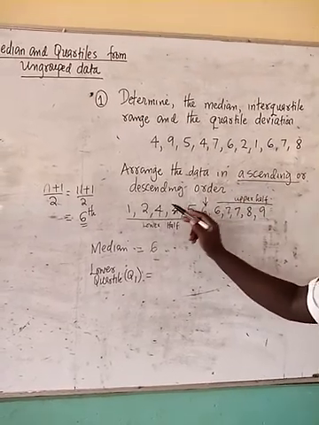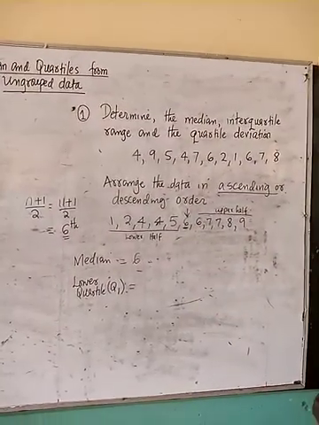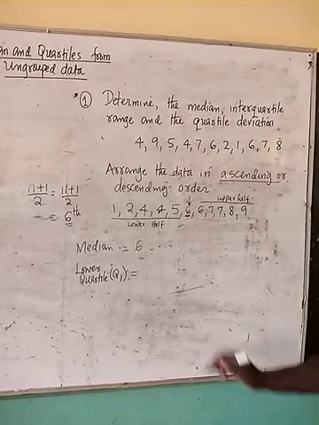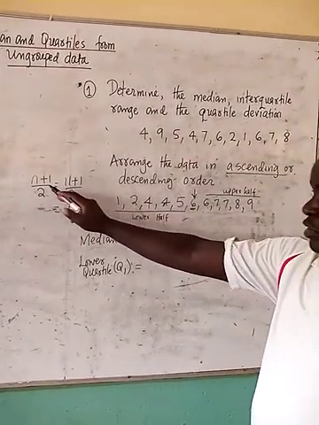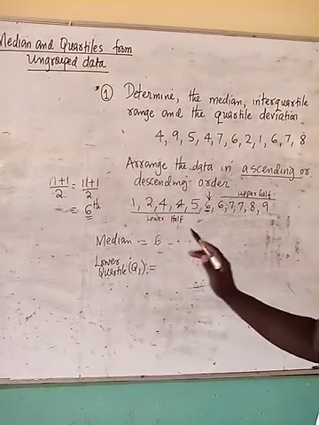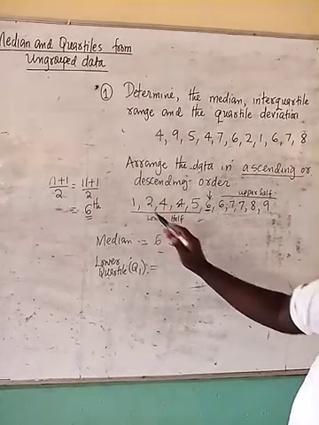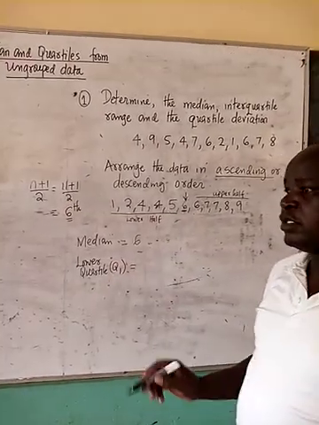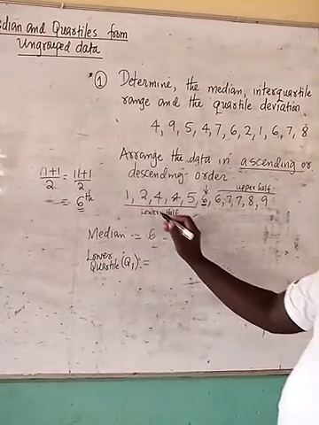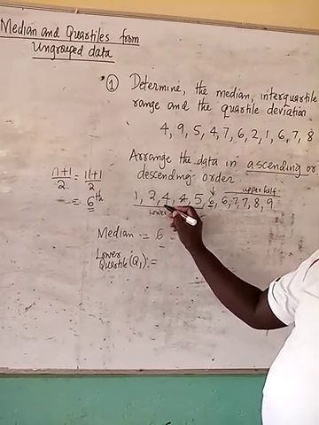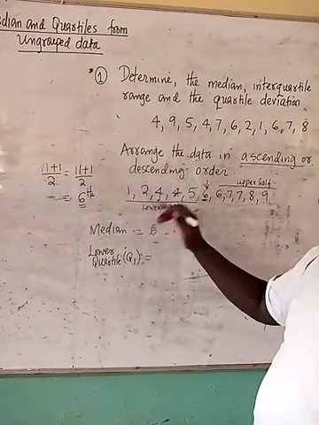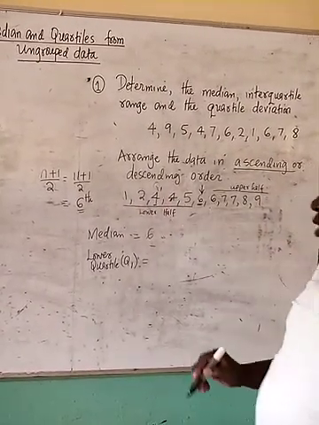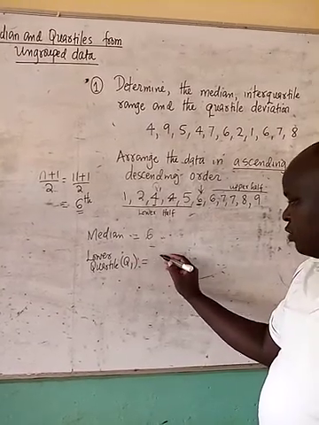So the number in the middle of the 5 is the median of that lower half, and that is the Q1, the lower quartile. Even if we use this formula n plus 1 over 2, the lower half has 5 numbers. 5 plus 1 will be 6. 6 divided by 2 is 3. So the third number will be the middle number in the lower half. So that will be our Q1, lower quartile. So lower quartile will be 4.